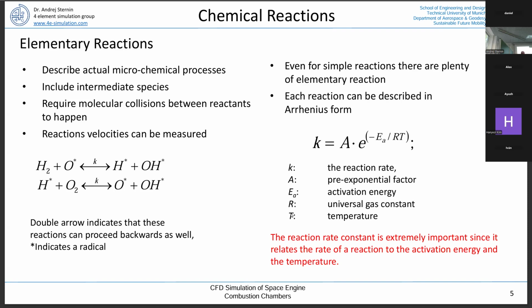Now, if we come to the question of what is an elementary reaction, I already mentioned that even for a very simple combustion process, here hydrogen, it's typically formulated as 2H2 plus O2 gives H2 plus O2H, and that would be just two of the elementary reactions.